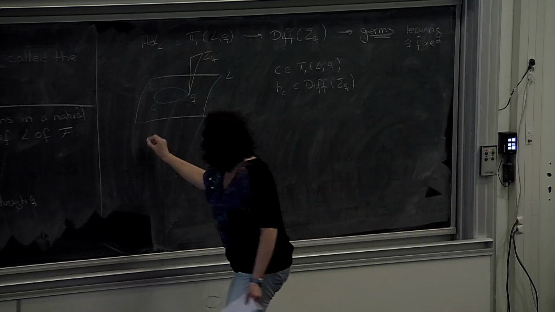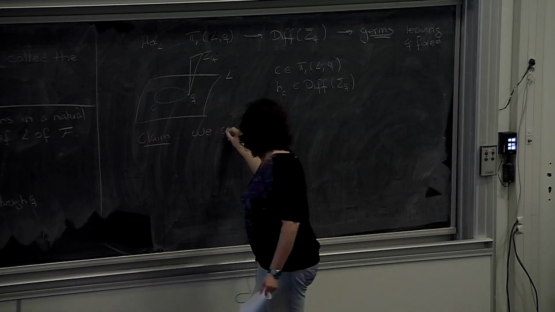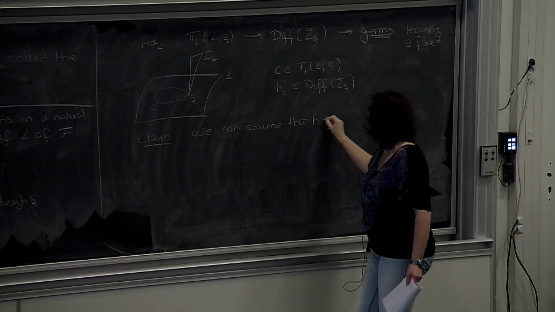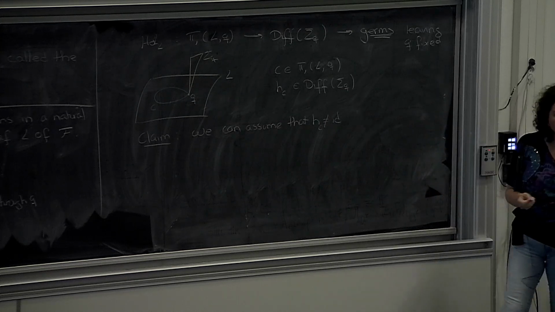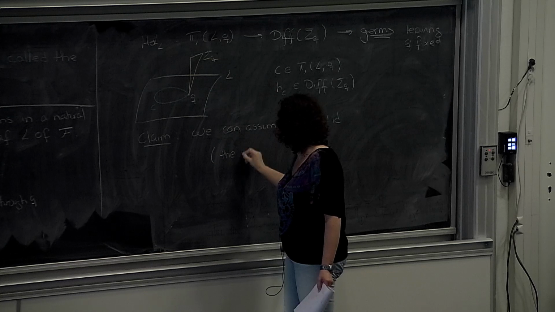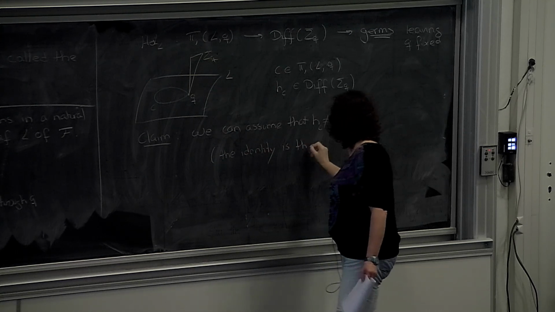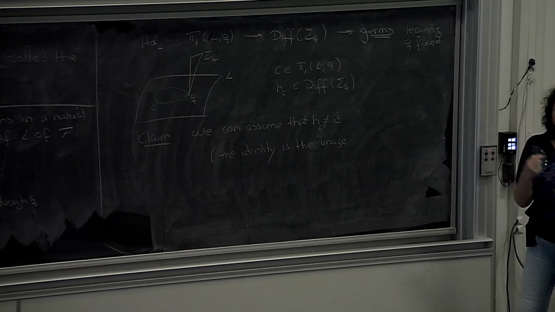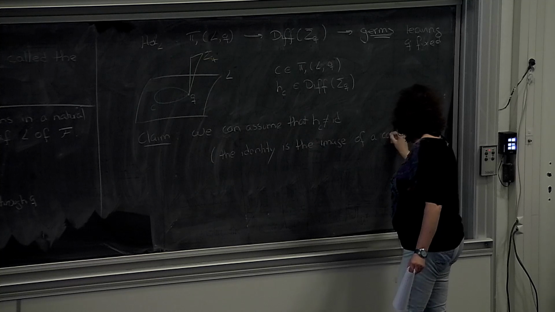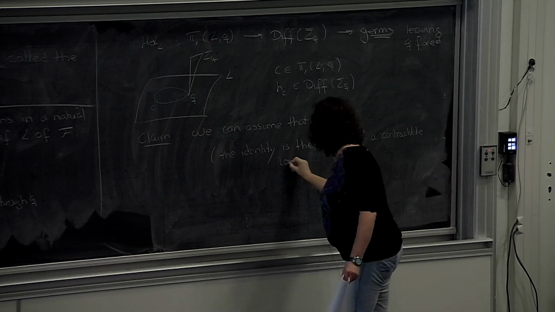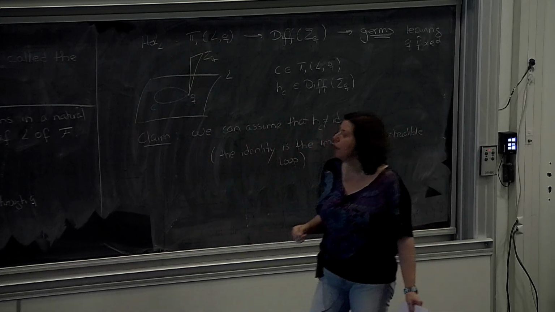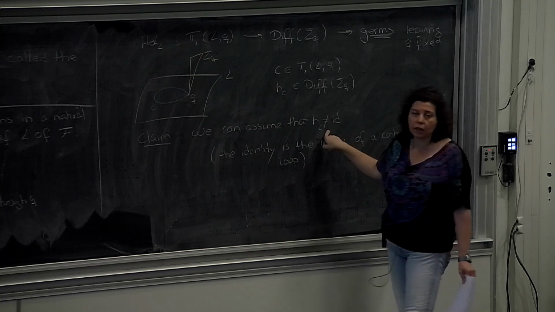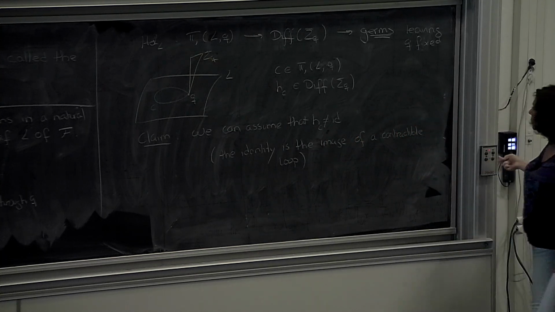And one of the things that I can claim is that we can assume that H is not the identity, okay? Otherwise, the identity is the image of a contractible loop. So it is clearly contained in the global holonomy of the foliation. Okay, so we can assume that this is not the identity. In particular, the leaf L cannot be simply connected.